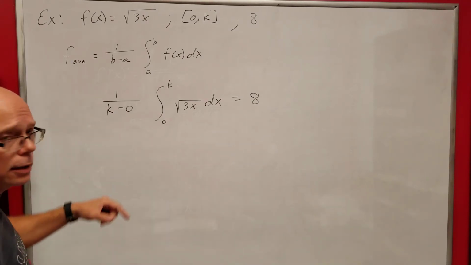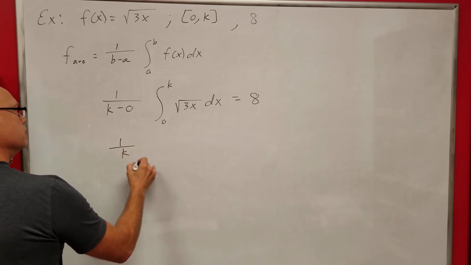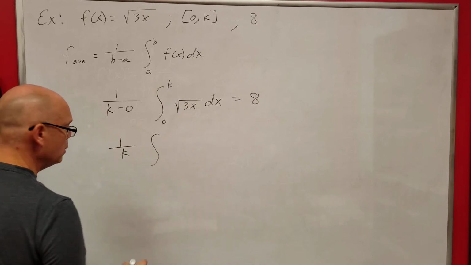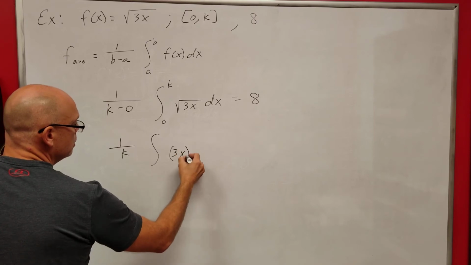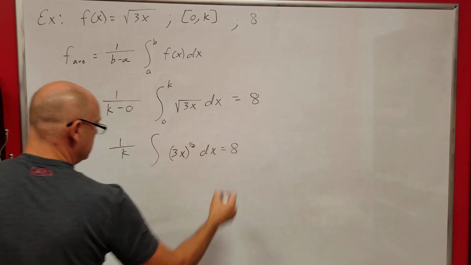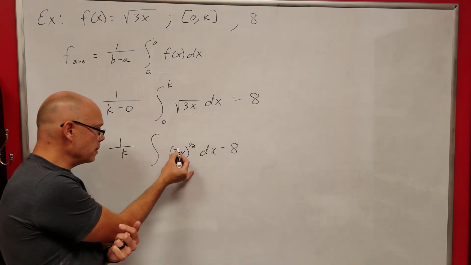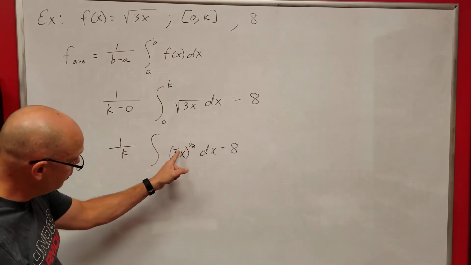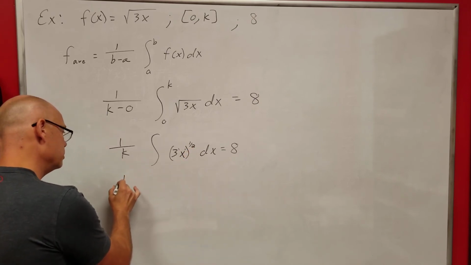So let's find our value of k. I have 1 over k times the integral, and I'm going to rewrite this: 3x to the 1/2 dx is equal to 8. Now remember, each one of these exponents is understood to be 1 here and here, so I can multiply the 1/2 by the exponent of 1 on each.